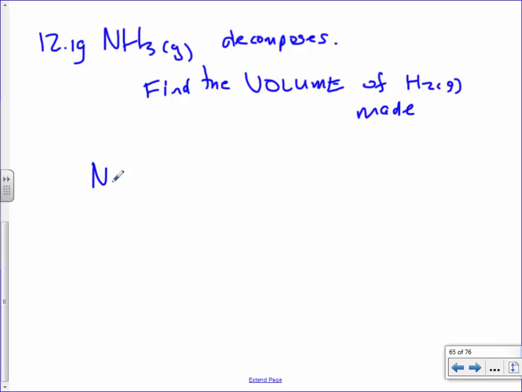If something decomposes, it breaks up into like its elements. So that's N's and H's. Would you just write it just like that though? What do you need to do? Good, yeah. Add 2's to both of them, because nitrogen comes in groups of 2's and hydrogen comes in groups of 2's. So now we can balance.